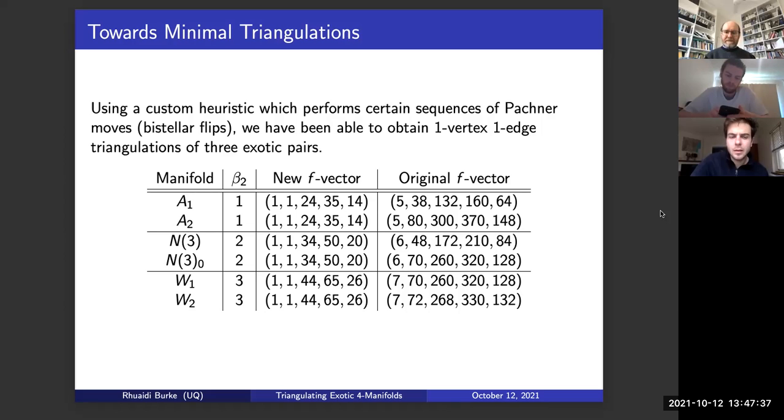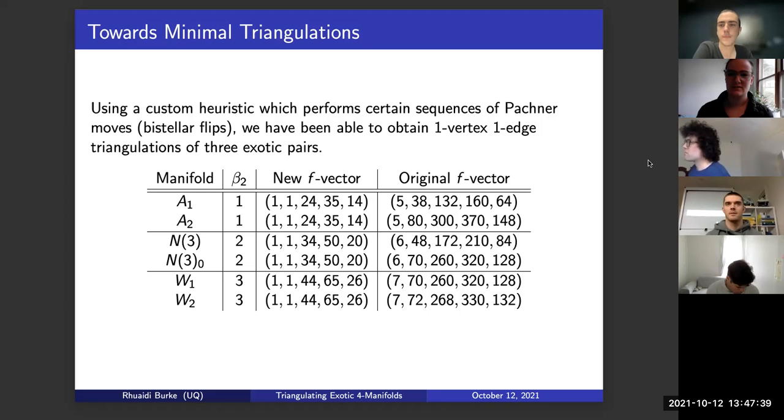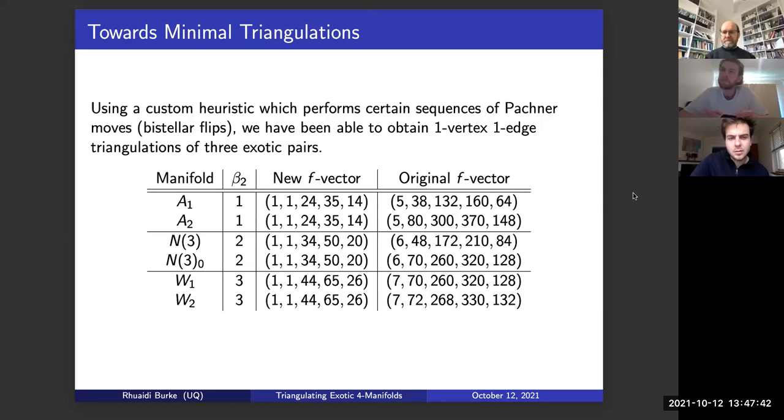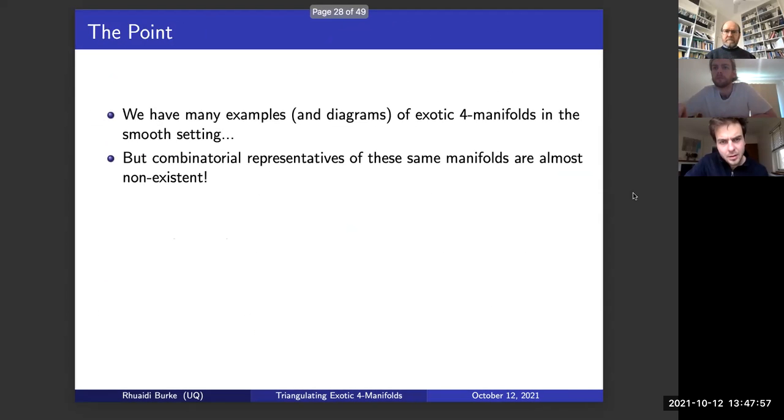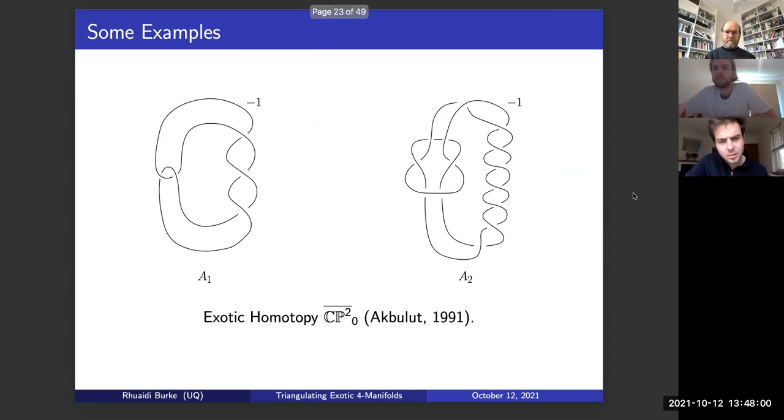Are there any other questions for Rhuaidi? Yes, I was wondering, do you show a homeomorphism or diffeomorphism between A1 and A2? Showing homeomorphisms of all these things, especially for A1 and A2, isn't too difficult, because the topology is captured by their intersection matrices, a bilinear form on the second homology.